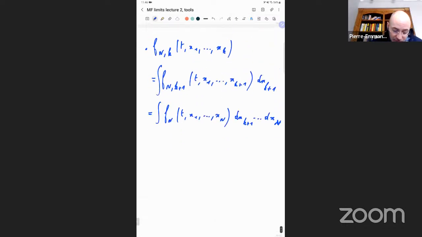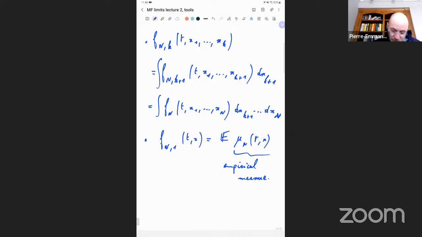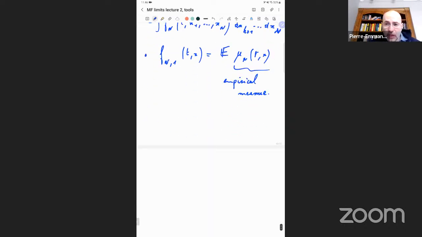Interestingly, they can also be obtained from the empirical measure. And so Fn1(t,x), for example, is just the expected value of the empirical measure. The exact equality, however, stops being true if you go to the later ones, but you have an almost equality.